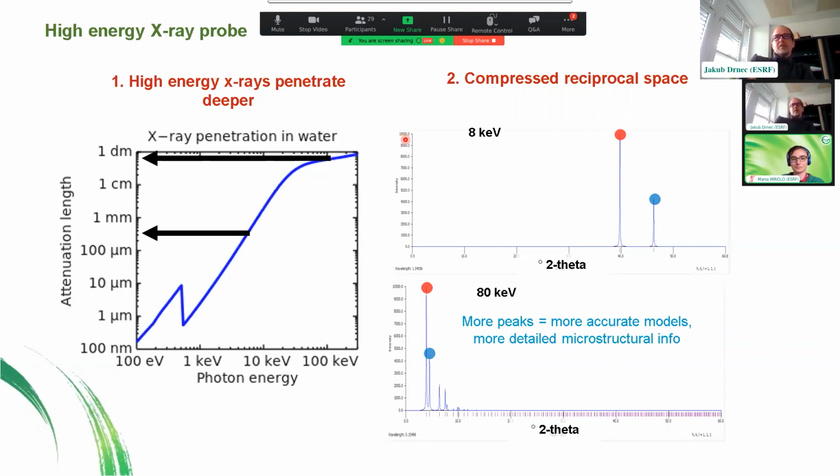We shrink the reciprocal space, so we can see the full Debye-Scherrer rings, and therefore we have really high statistics and can measure many rings very fast, which helps us do certain kinds of experiments which need time resolution or where we need to probe a large volume of space.